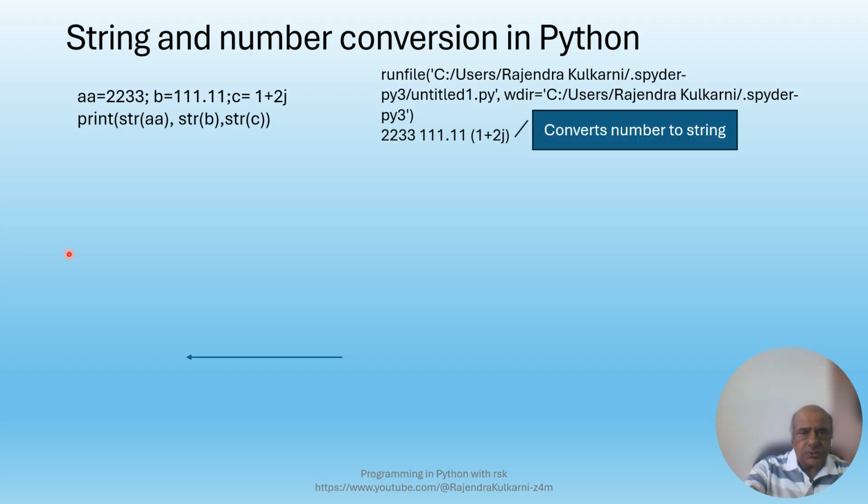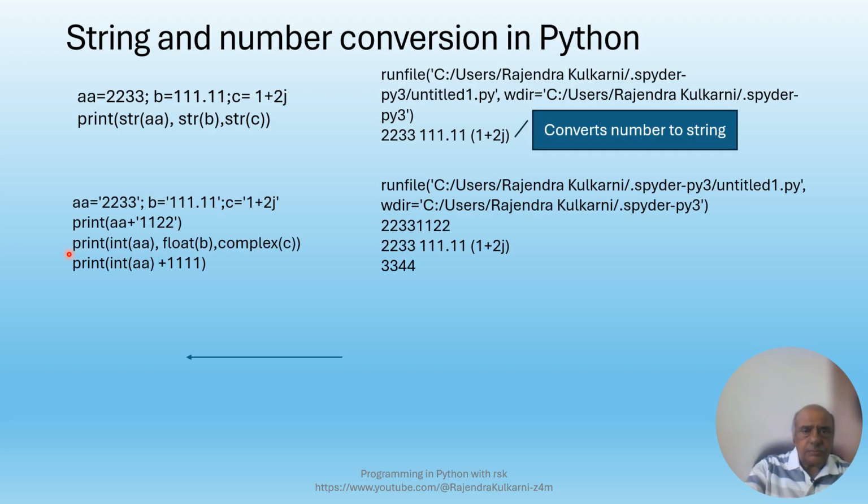Convert number to string. In this case, a is equal to 2233 is within single quotes, similarly for b and c. So all these three values assigned to a, b and c are strings, indicated by these single quotes.